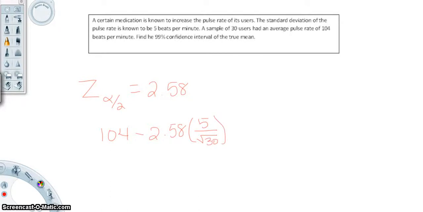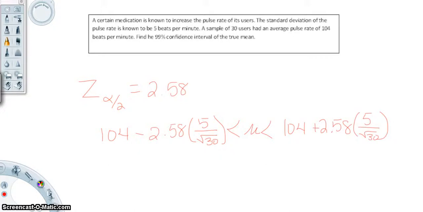And that our mean will be between that and 104 plus the same thing. Our z sub alpha over 2 times 5 over square root 30.